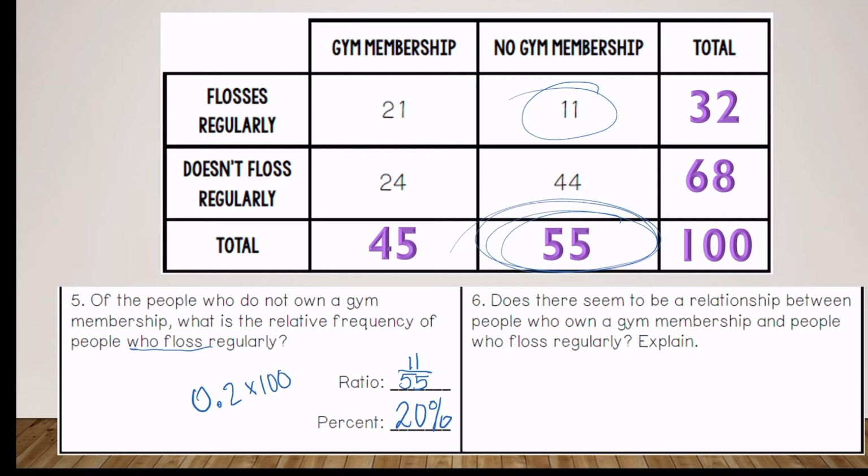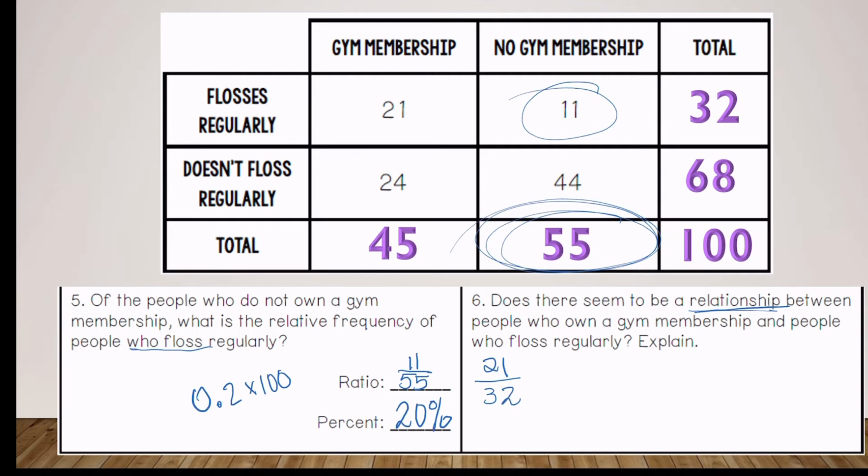So what they're wanting to know is, does there seem to be a relationship between people who own a gym membership and people who floss regularly? Well, there might be, okay? But when we look at this, those that own a gym membership and floss regularly, that's 21 out of the 32 total.